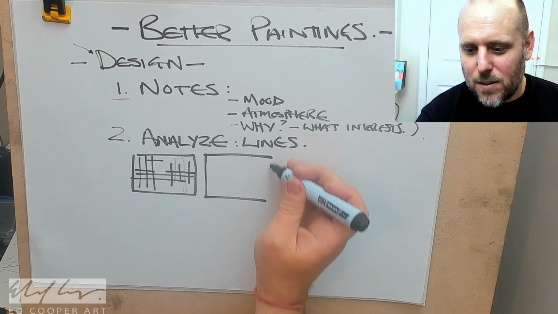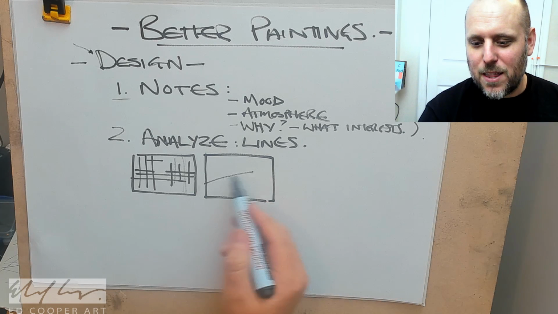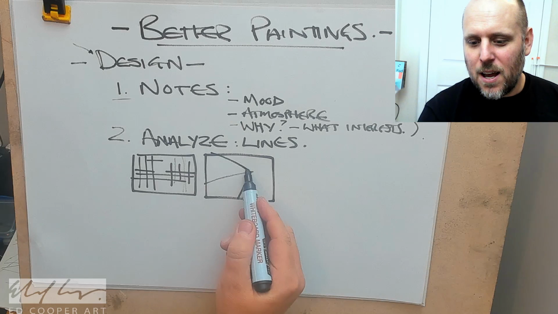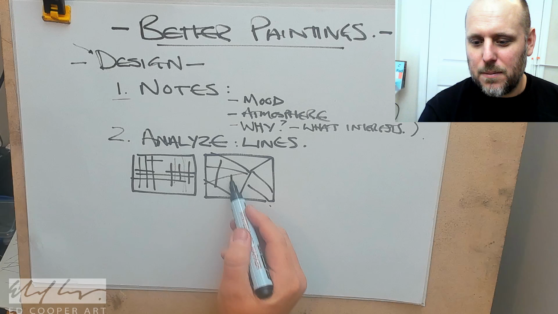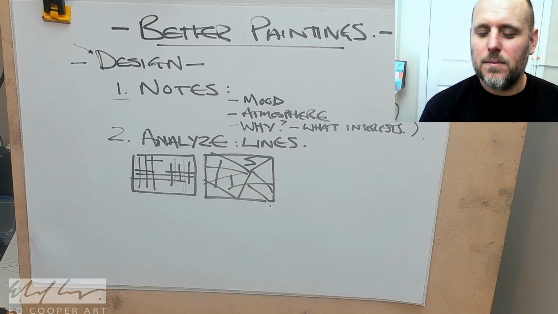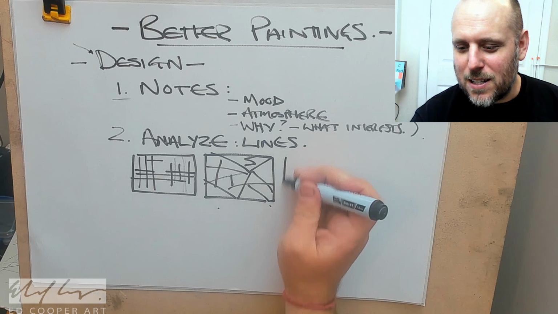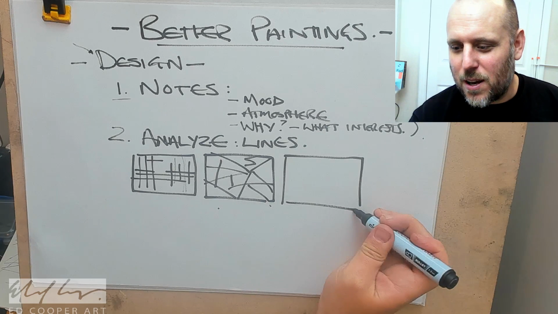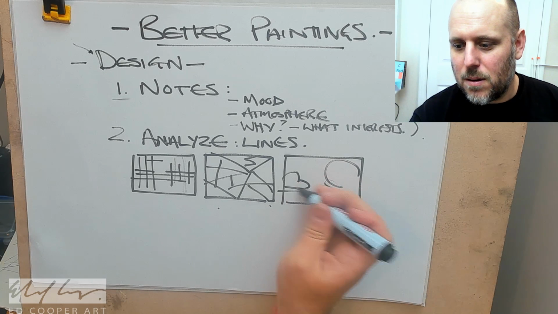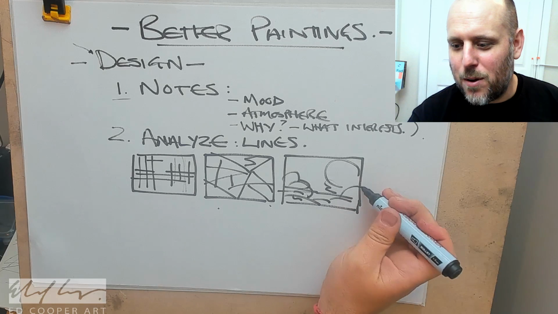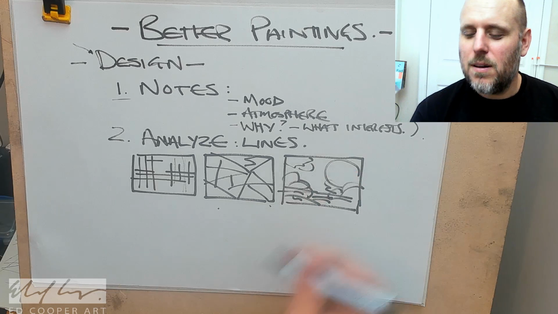Some compositions are going to be, like we looked at the radiating lines, much more about diagonal forms. So that's up and down, this is diagonal, and some views are going to be much more about curves.